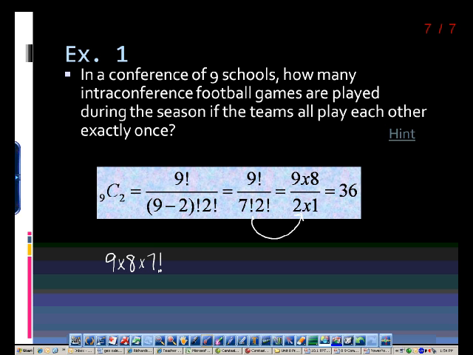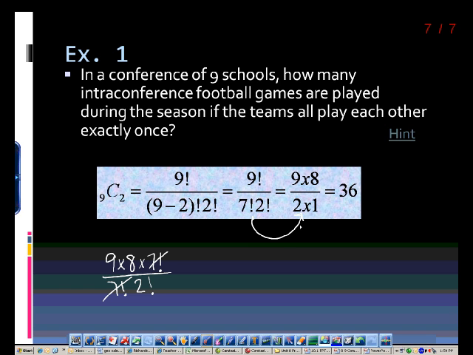Do you agree with that? Because 7 factorial is just 7 times 6 times 5 times 4 times and so on. Okay? All right, and then on the bottom, I have 7 factorial times 2 factorial. So what happens with my 7 factorials? They cancel. 2 factorial is the same as 2 times 1, and thus we are left with 9 times 8 over 2 times 1. All right? And we get 36.